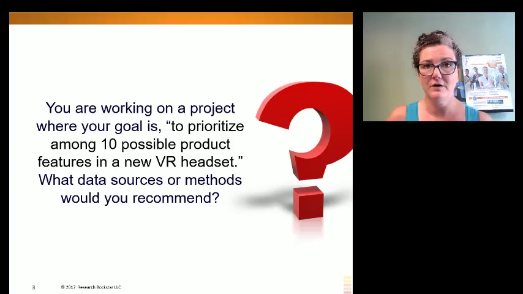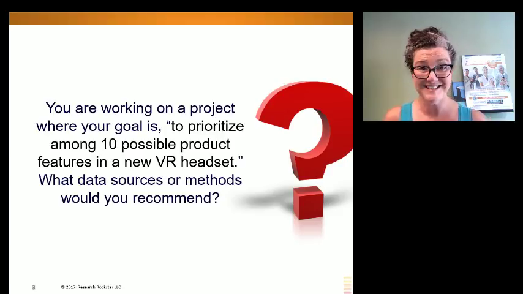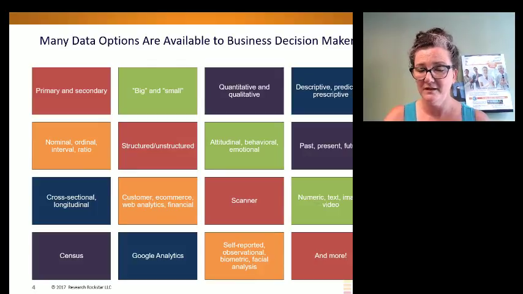We don't know whether or not they're planning on using this data to create prototypes. We don't know, frankly, what their budget and timeline is. So based on all of those things, that's going to lead us to a recommendation of what specific data sources and methods are likely to be the best. But again, I'm just trying to make sure I'm doing a good job of not defaulting to the methods that I am most comfortable with.